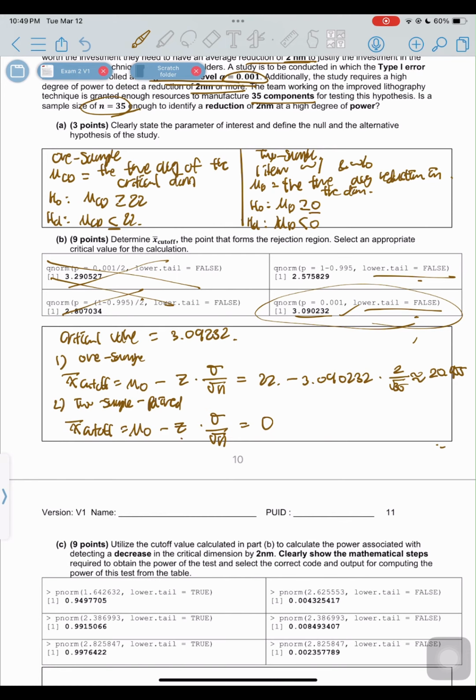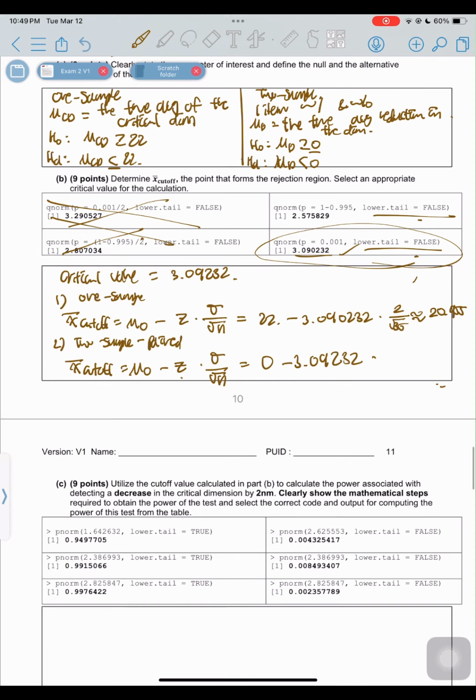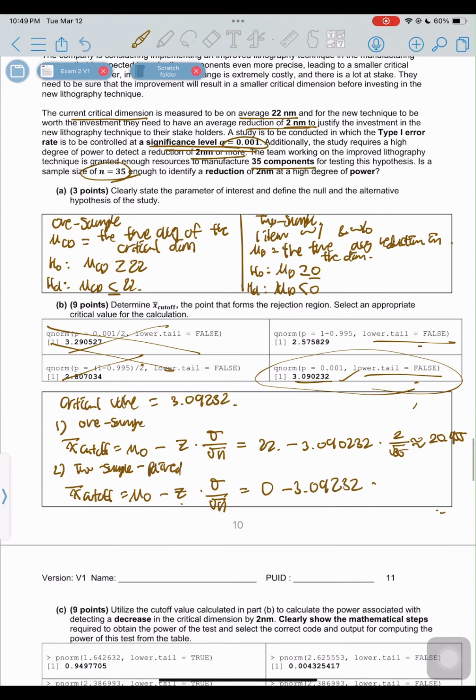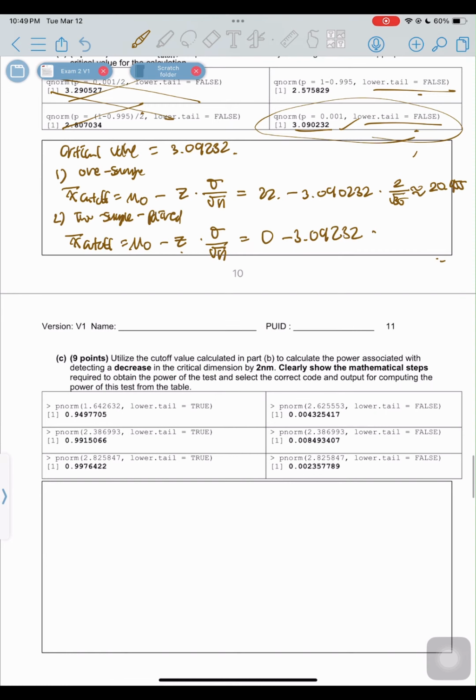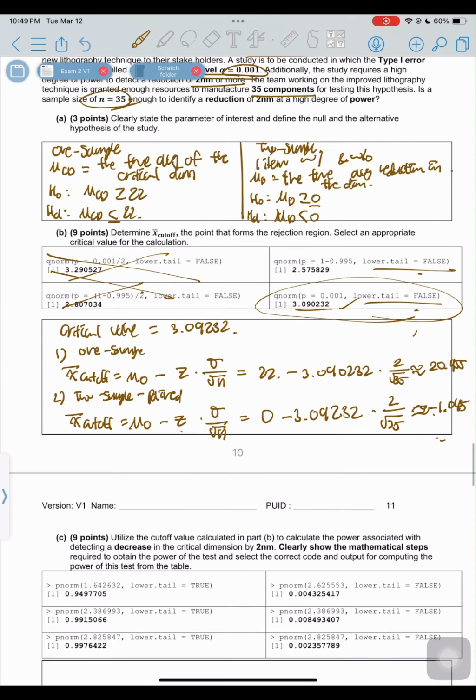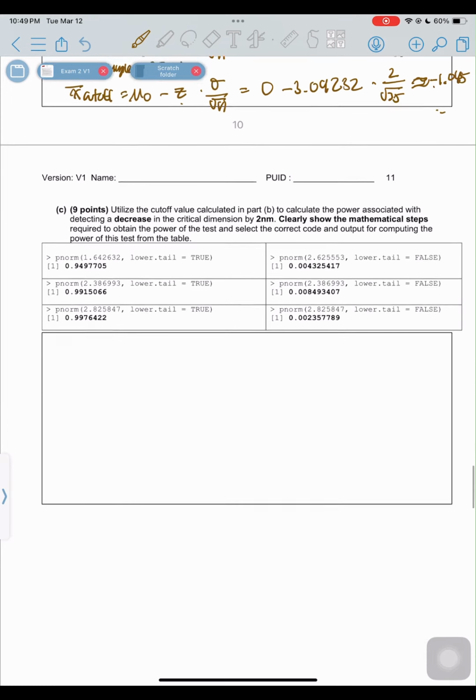And then minus 3.090232 times, what is the sigma value? Yeah, 2. I forgot. And then square root of 35. If you do that, you get something like negative 1.045. So those are the ones that you want to find for the x cutoff. You can do one way and then stick with it. You don't have to find two. I just explained it too in case anyone is interested in doing that.